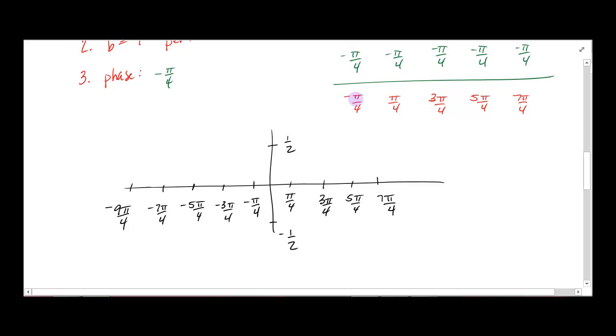So my sine function is going to start on the x-axis at negative pi over 4. It's going to have a maximum at pi over 4, cross at 3 pi over 4, have a minimum at 5 pi over 4, and cross at 7 pi over 4.